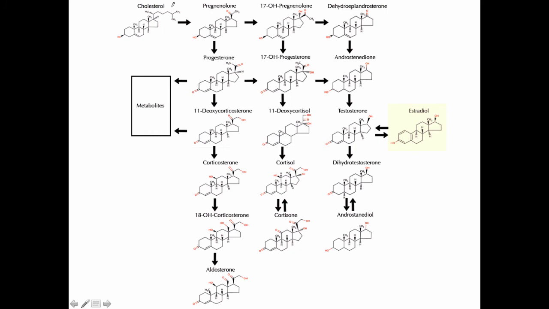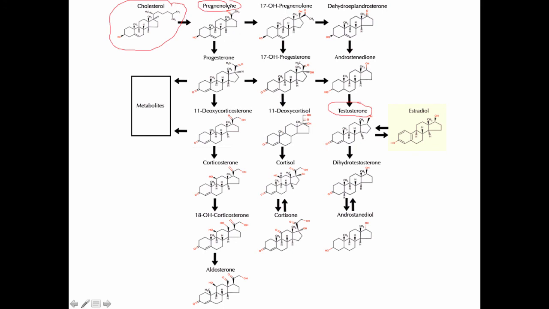So here's our buddy cholesterol at the top here, okay? And let's say we want to produce testosterone. Okay? So let's say the cell that's taking up cholesterol is a cell in the testes, and it wants to produce testosterone. In order for this cell to produce testosterone, it must first produce pregnenolone, okay?